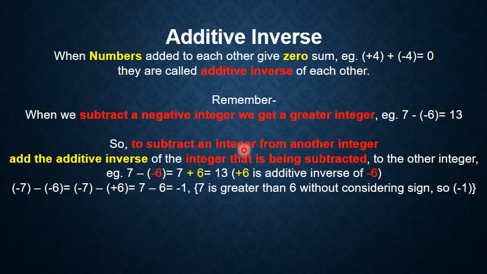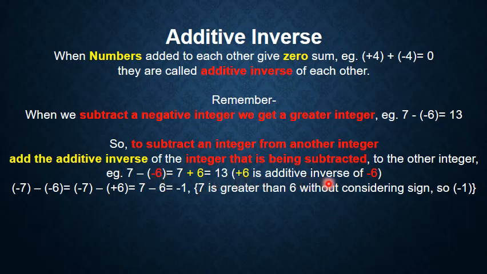So to subtract an integer from another integer, add the additive inverse of the integer that is being subtracted to the other integer. For example, 7 minus minus 6 will actually become 7 plus 6 because the additive inverse will make it a plus.